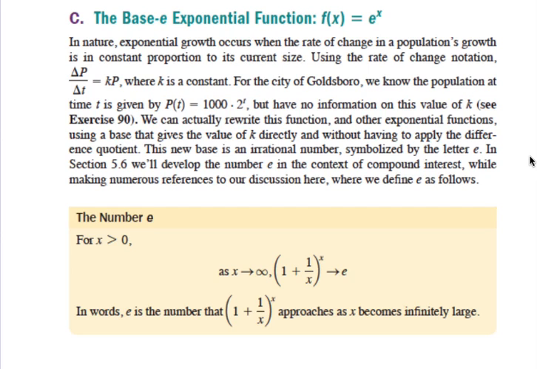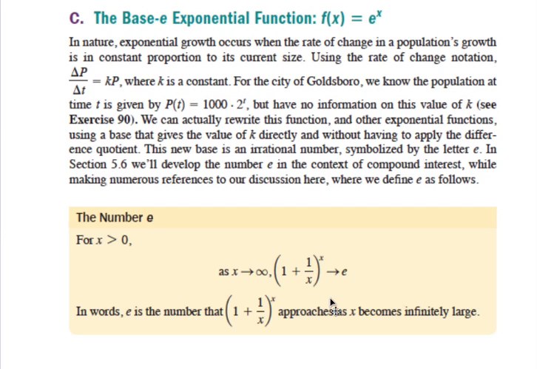So we recognize this E piece as defined as x approaches infinity, this 1 plus 1 over x to the x starts to approach this constant number. So as we grow proportionally with ourselves, which is this 1 over x rate, we start to approach this constant number, which is what E is.